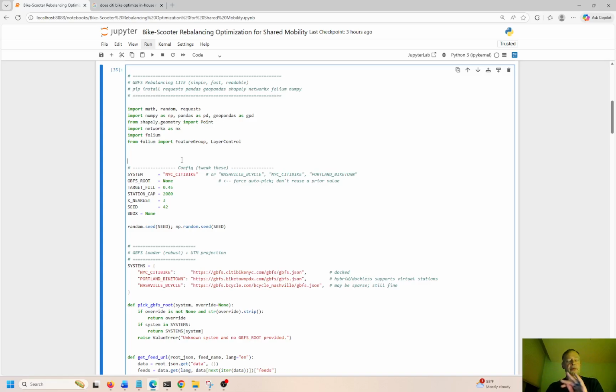So we do want to set up a couple basic properties, and just based on these properties or parameters, I'm feeding data into the model and saying there is going to be a cap of 2,000 stations for Citi Bike.